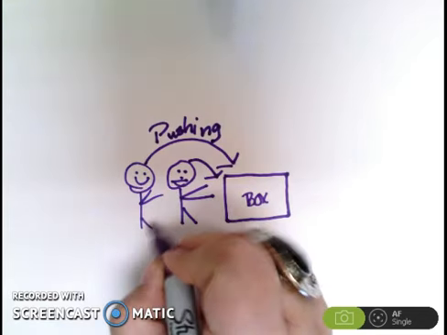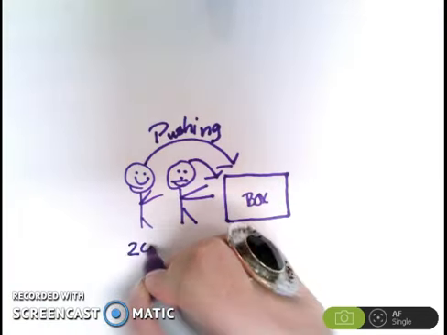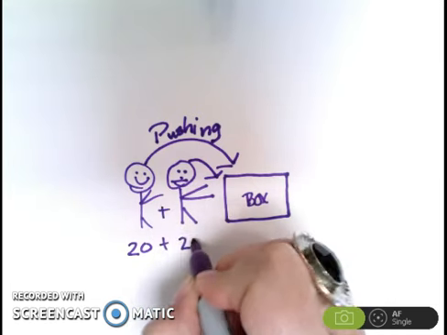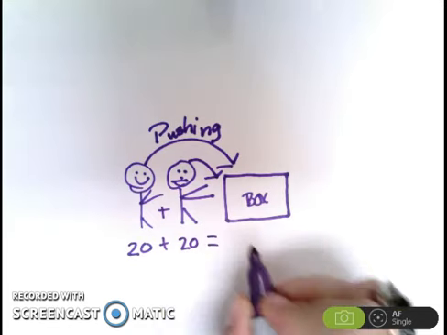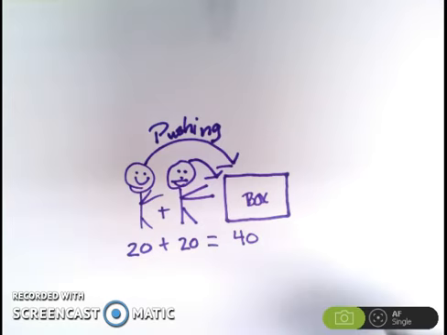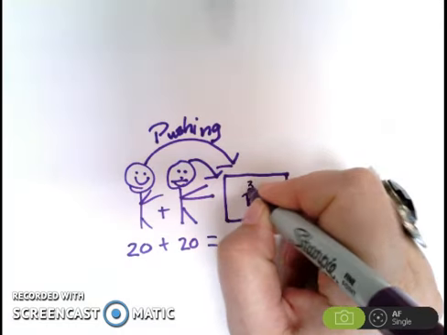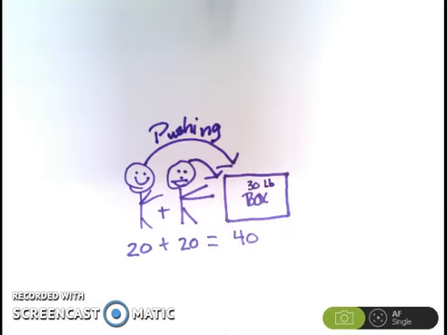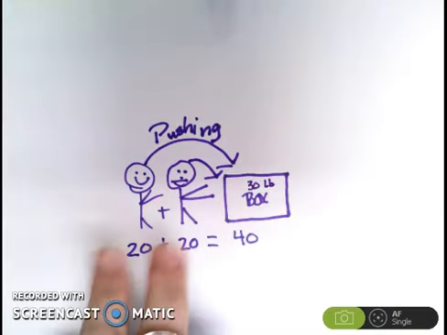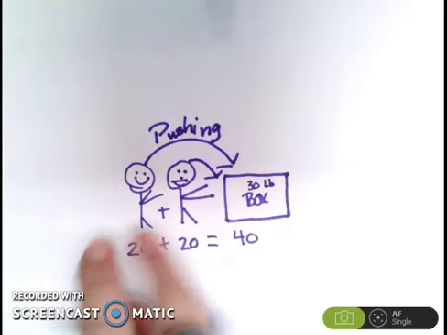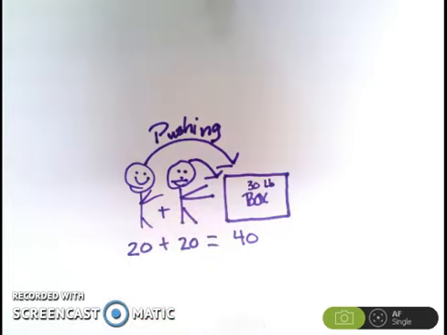So I'm taking his force of 20 and I'm adding it to his force of 20, which gives me an equal force of 40. And let's say the box weighs 30 pounds. These forces are unbalanced, and the net force that acts on this box is found by adding these together so that the box will move this way.